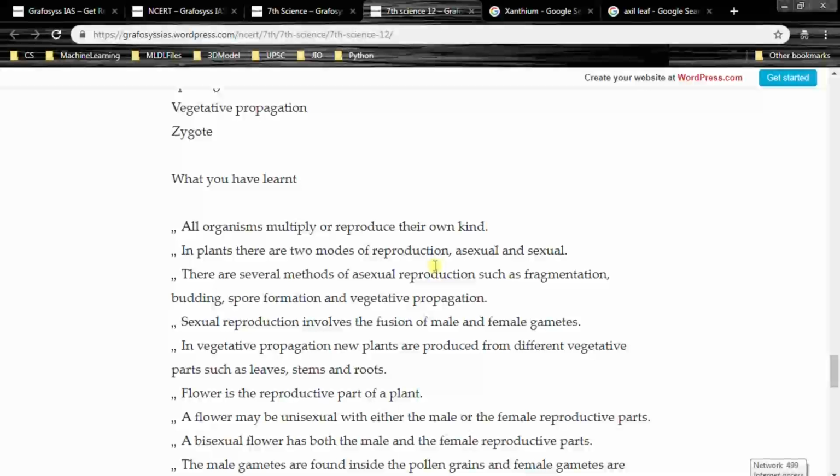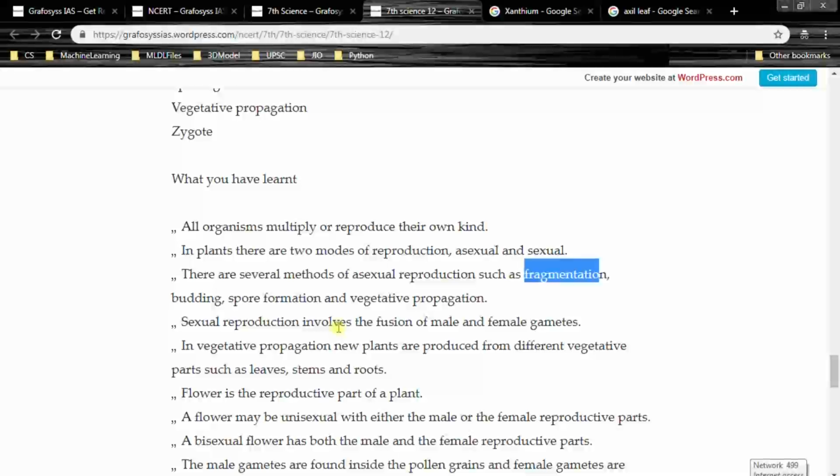There are several methods of asexual reproduction such as fragmentation, budding, spore formation and vegetative propagation, right? In vegetative propagation, the different parts of the plants produce their own plants.